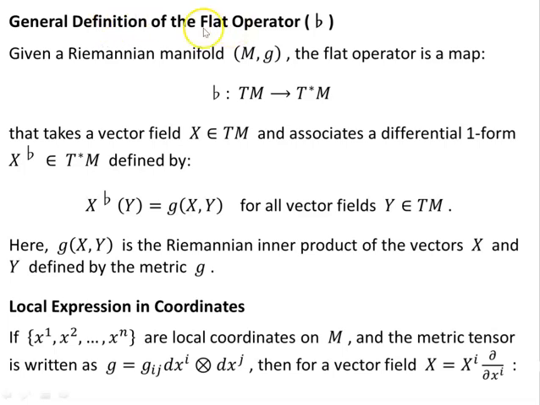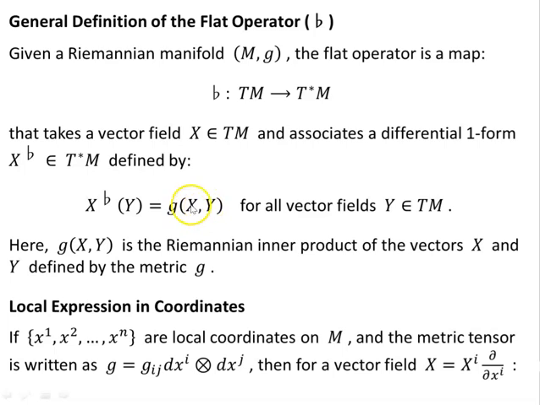All right, so let's go to the general definition of the flat operator. Given a Riemannian manifold M and a metric G on it, the flat operator is a map from the tangent bundle to the manifold M to the cotangent bundle to the manifold M. It takes a vector field X belonging to the tangent bundle and associates a differential 1 form, X flat, that belongs to the cotangent bundle, defined by X flat operating on a vector Y equal to G of X, Y for all vector fields Y belonging to the tangent bundle of the manifold.